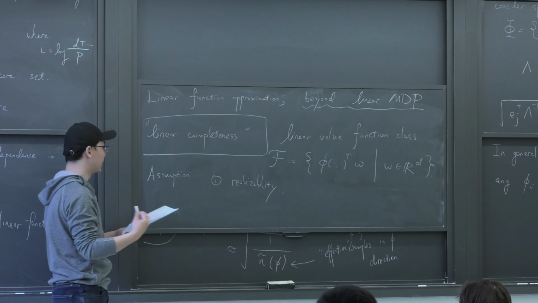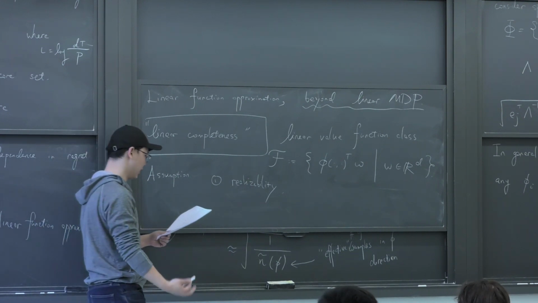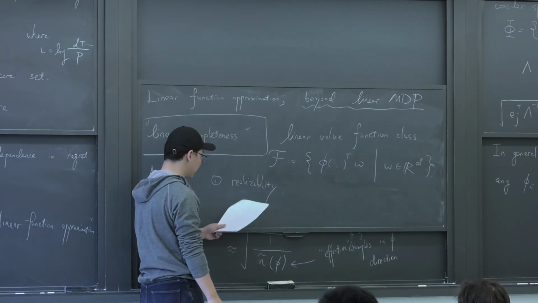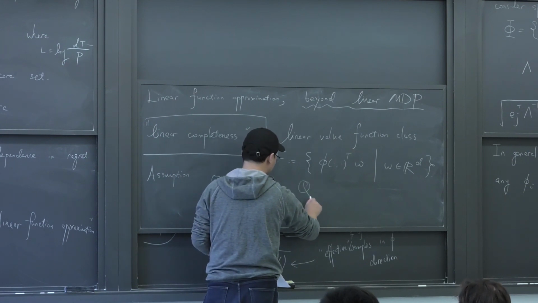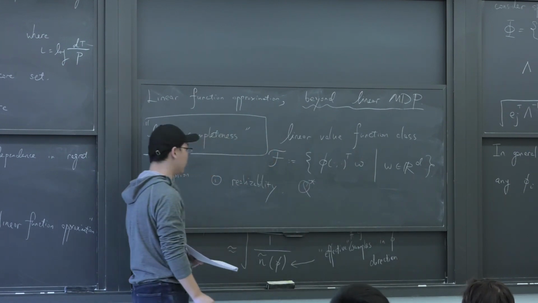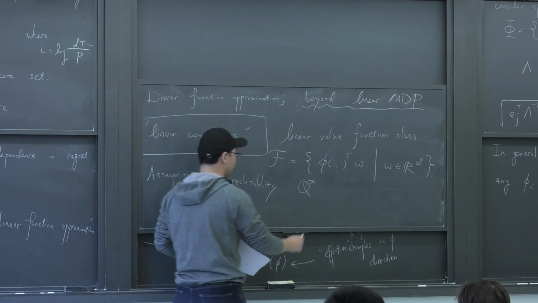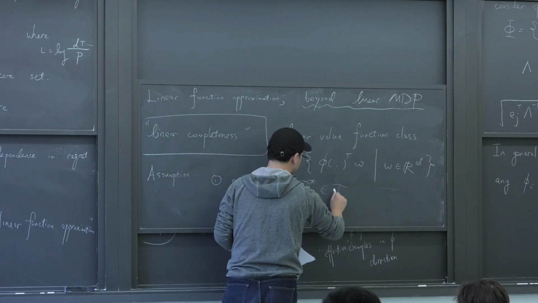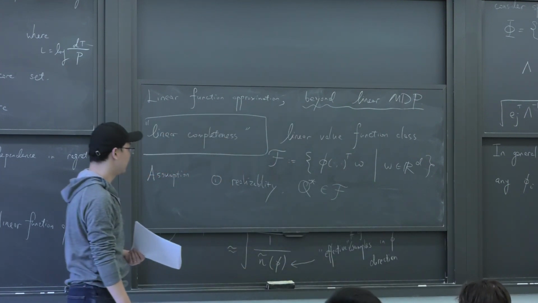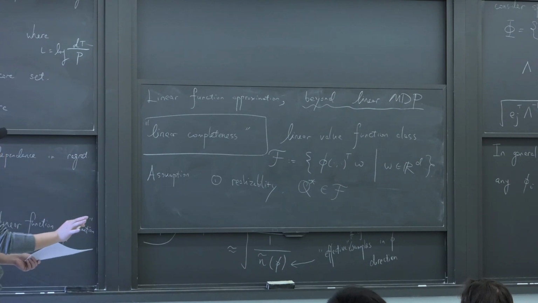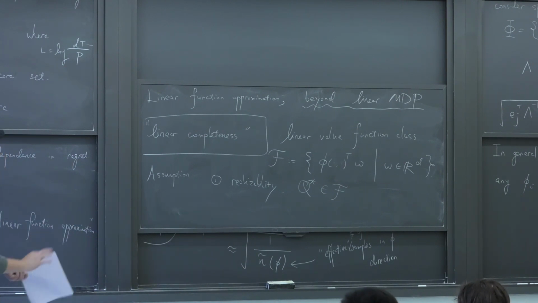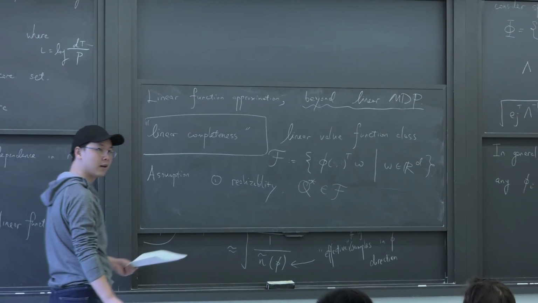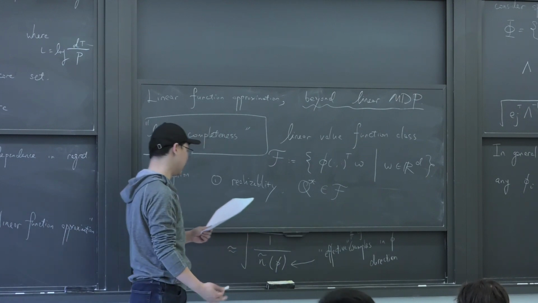Hopefully, we can cover more applications. The first one is realizability, which is quite weak, and just assumes the optimal Q value, Q star, is in F. That is saying we don't really know whether the underlying MDP has linear or nonlinear transition. We don't care. All we care is the optimal value is linear.